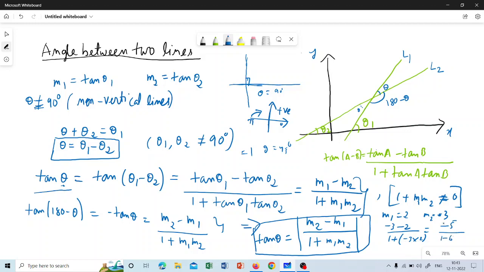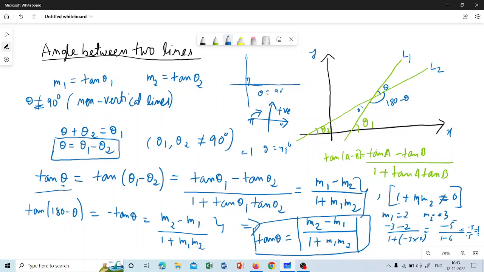So now I don't want this minus sign to come here. We know that this is minus 5 by minus 5, and this is 1. You got a positive value already. But for example, if there is a positive value in the denominator and a negative value in the numerator, we want only the positive.